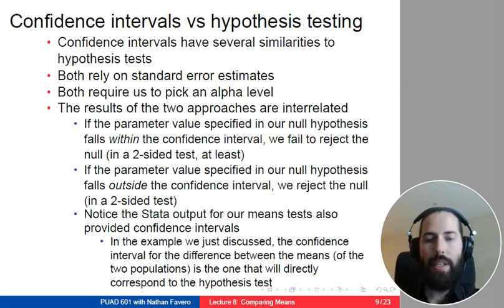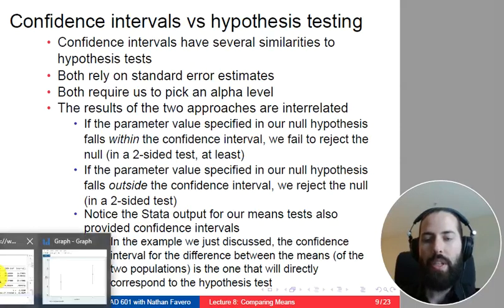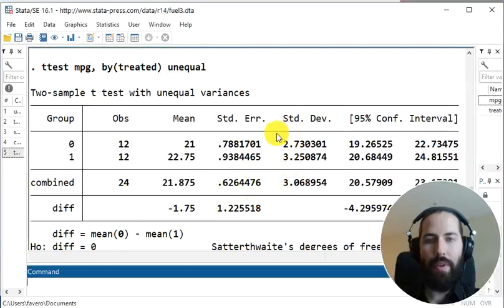Specifically, in the example that we just had, to see the relationship where the confidence interval can be used to figure out the result of the hypothesis test, we need to focus on the confidence interval that corresponds to the difference between the means of the two populations, which is not the main confidence interval that we focused on before.